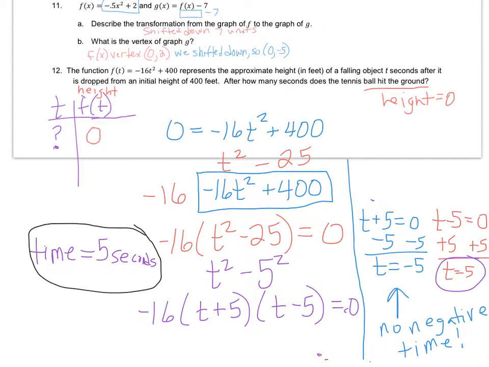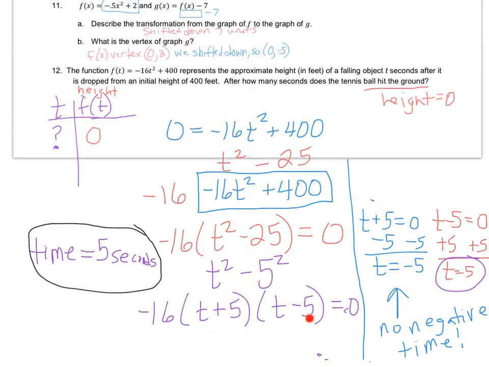So from reading this, I knew that when the ball hits the ground, the height is 0. So as I made my quick little table, I knew I was looking for a 0 in the y column. So I set up my equation equal to 0, and I needed to solve it. I took out my greatest common factor, and at that point I realized I had a difference of perfect squares, t squared and 5 squared.